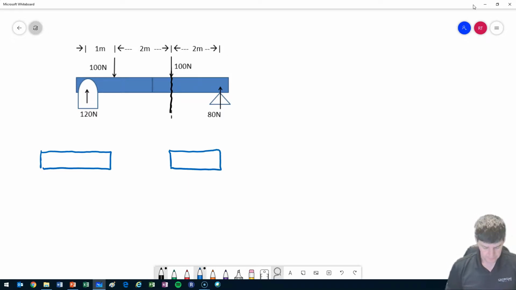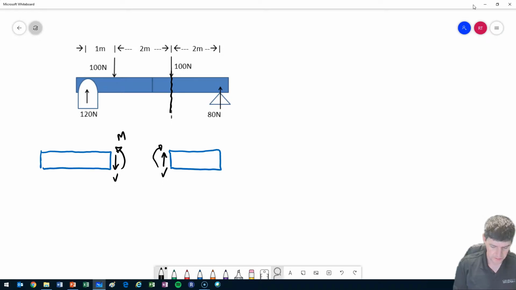So I'm going to assign, just like I did before, a V, and I'll assign equal and opposite on both, and an M, so equal and opposite on both. And I'll draw in the rest of the stuff I know, so 80, I got 120, those are my reactions.